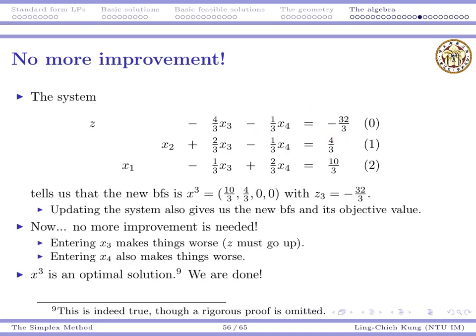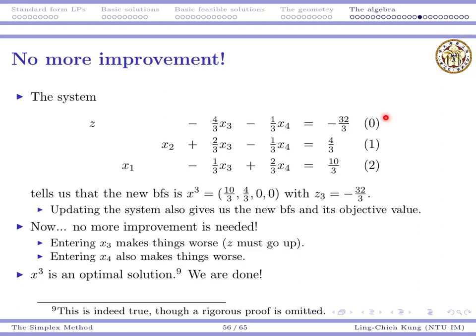And also, it's clear that now there is no more improvement needed, because when we increase x3, things will become worse. And if we enter x4, things will also become worse. These things are negative. If we increase x3, for example, then z must also be increased so that we may maintain this objective row. And we want to minimize z. That's not a good idea.